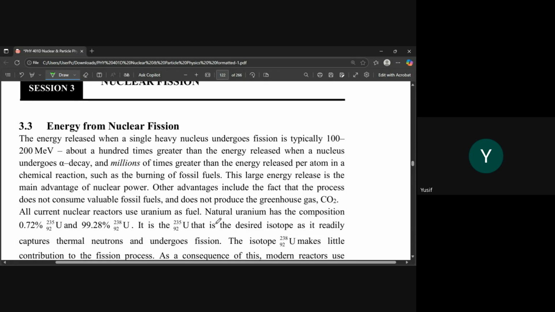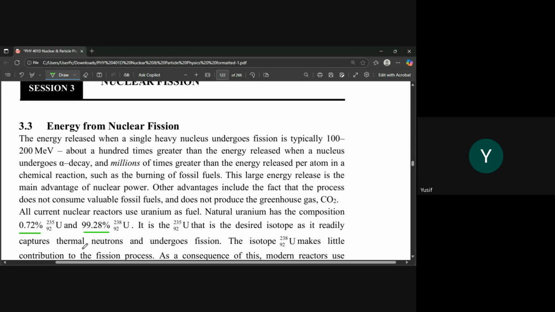Okay, so natural uranium has a composition of 0.72% uranium-235 and 99.28% uranium-238. When we are undergoing fission reaction, the uranium-235 gives a percentage of the energy, whereas the uranium-238 gives the rest.